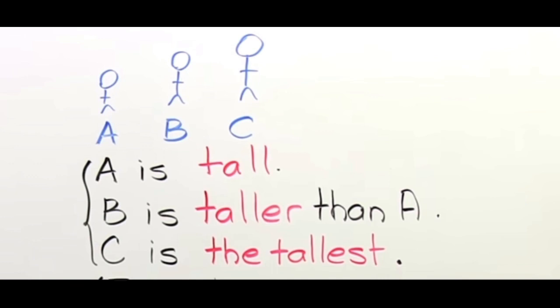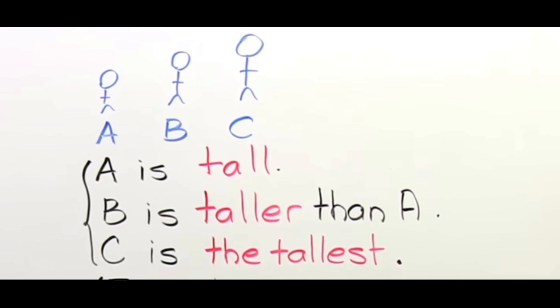And when we say C is the tallest, that is the superlative adjective. It means the most of something, in this case the most in terms of height. So it became the tallest. So: basic adjective, comparative adjective, and superlative adjective.